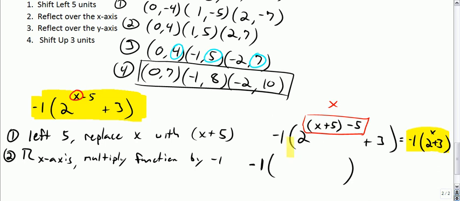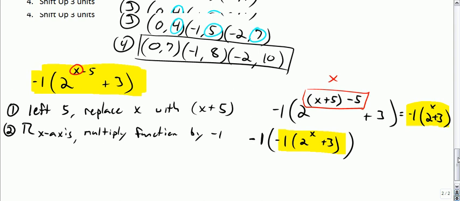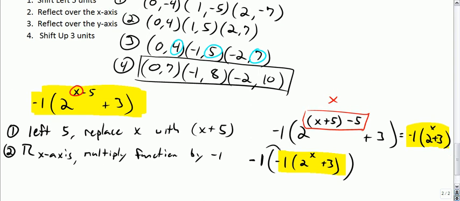So I got another -1 times (2 to the x plus 3). Here's another chance to simplify. -1 times -1 gets me a +1. So I'm actually dealing with 2 to the x plus 3.